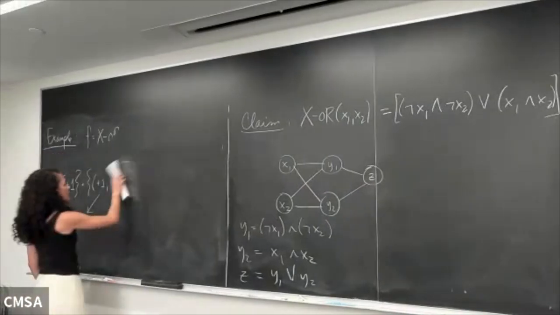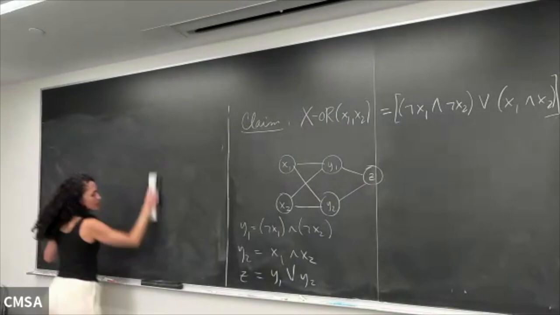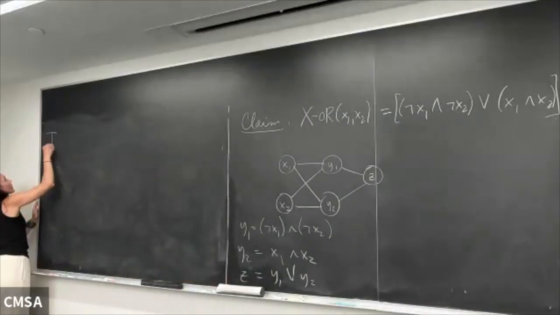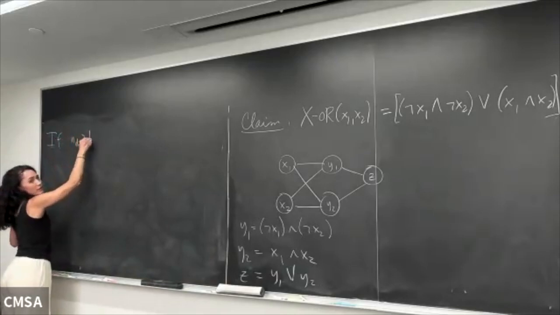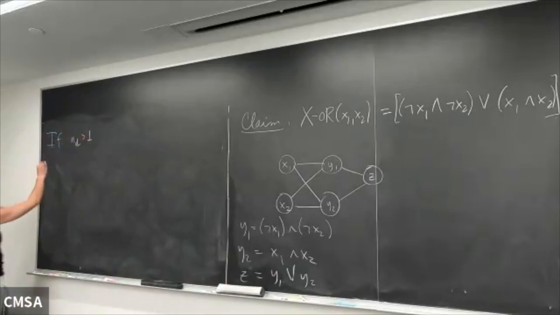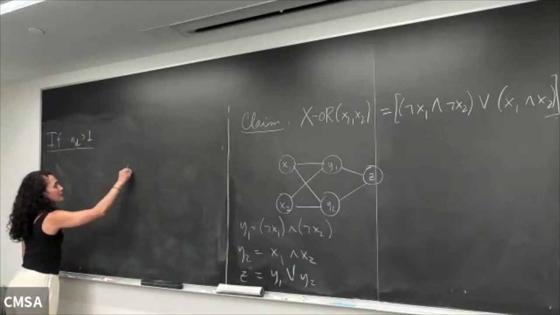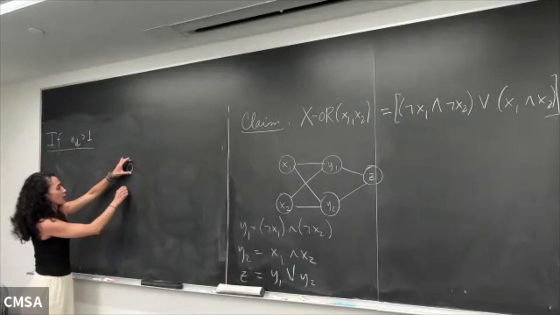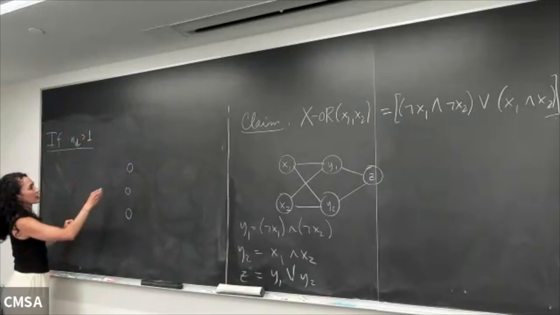So the point is that if the output dimension is greater than 1, then you have this construction for each output node.